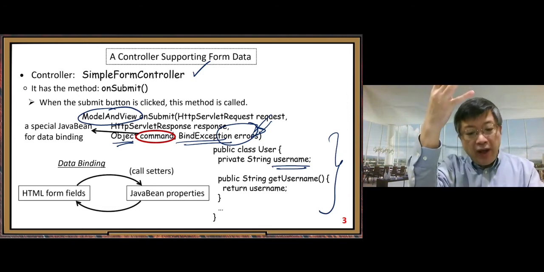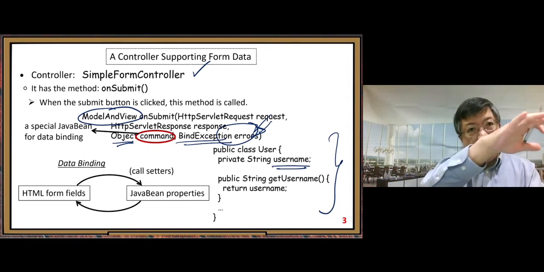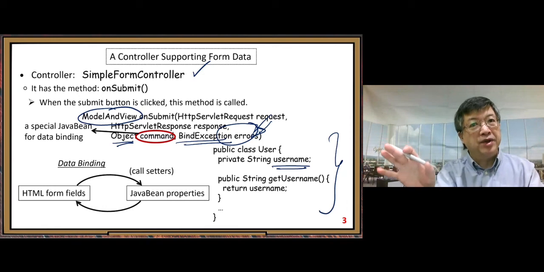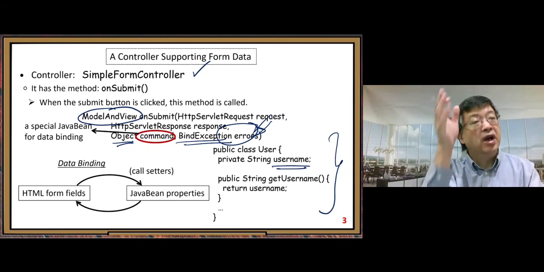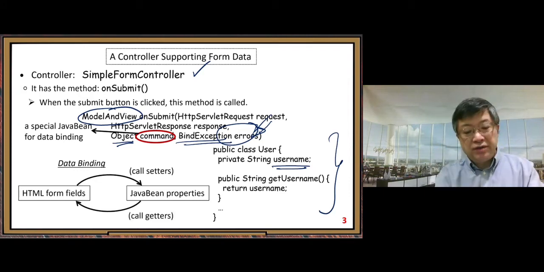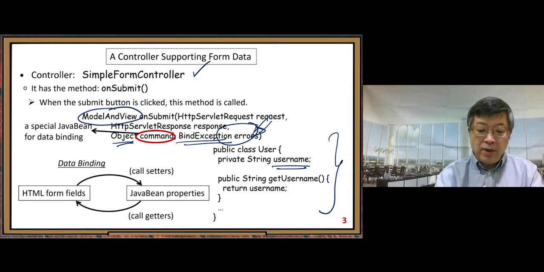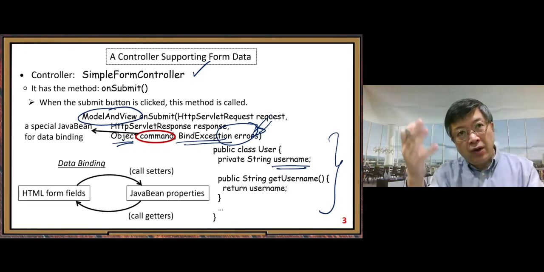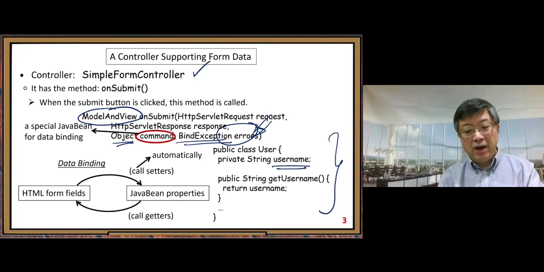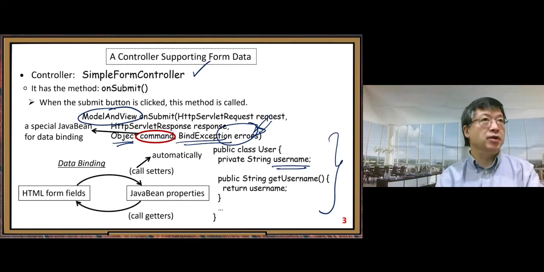The upper way copies data from HTML form fields to Java Bean properties; the container uses the setters. For the lower data copy, the container calls getters. All this method calling happens automatically. So that's simple.